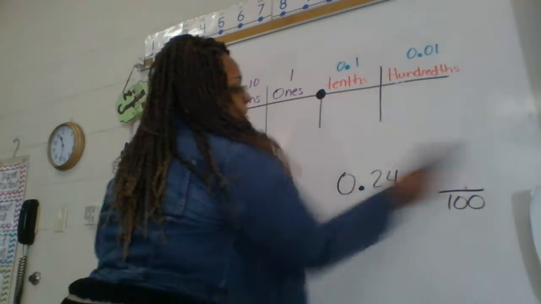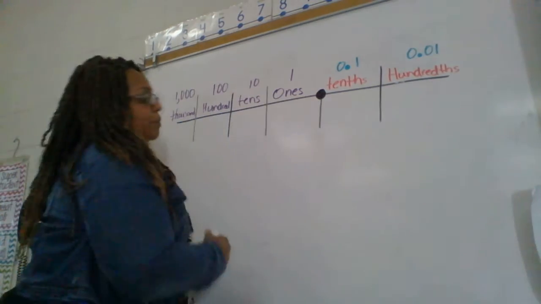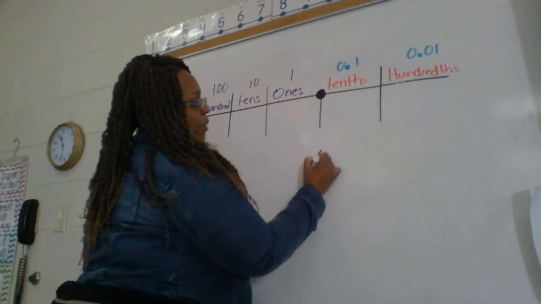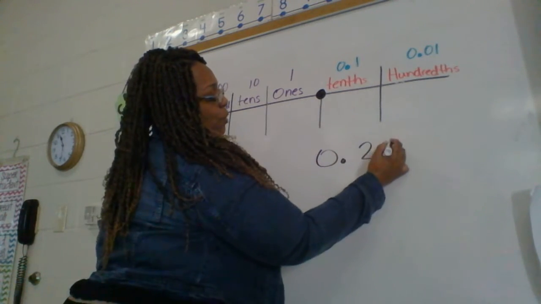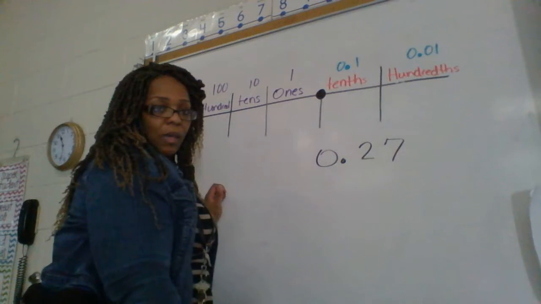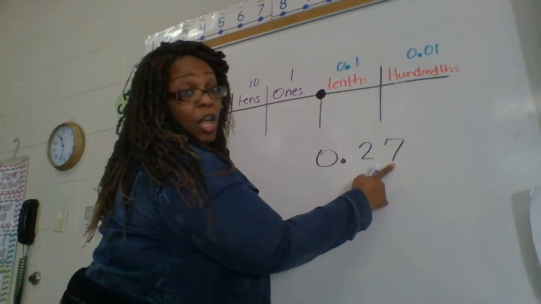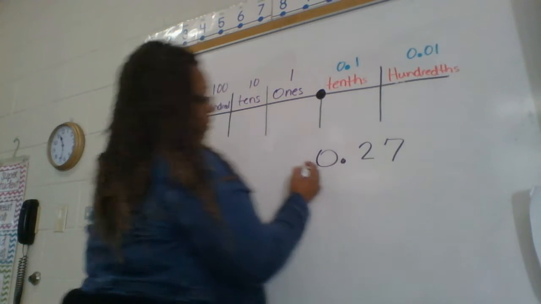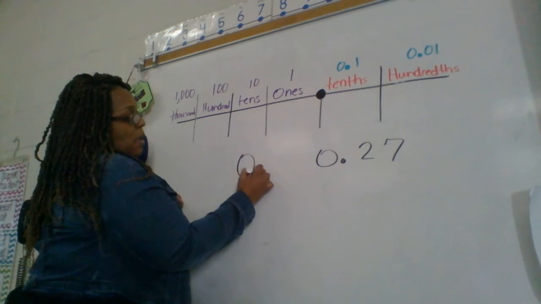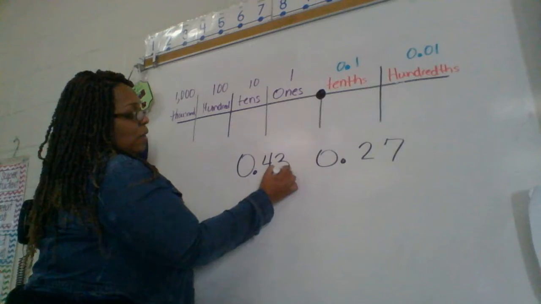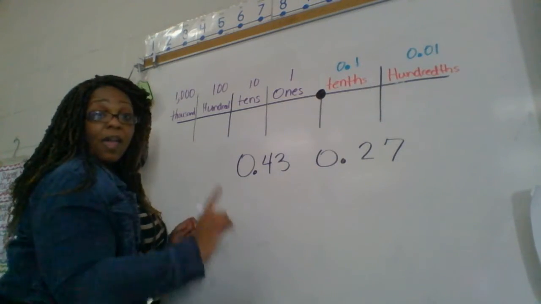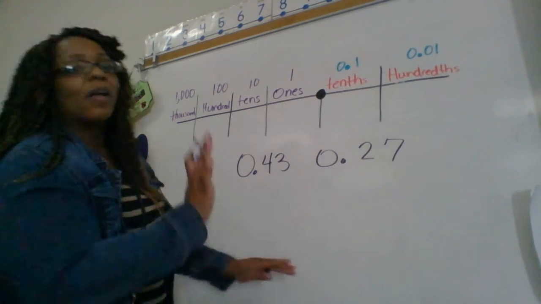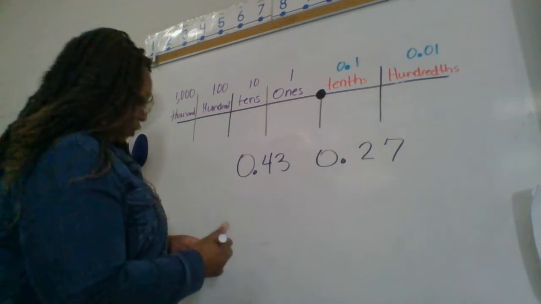Now, real quick, we'll go back over how to tell which is greater than or less than, all right? If you have a number, say it's 0.27, 27 hundredths. Now, I can have another number that is 43 hundredths. I don't want to overwhelm you too quick.